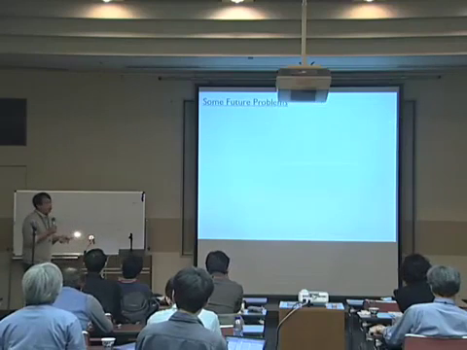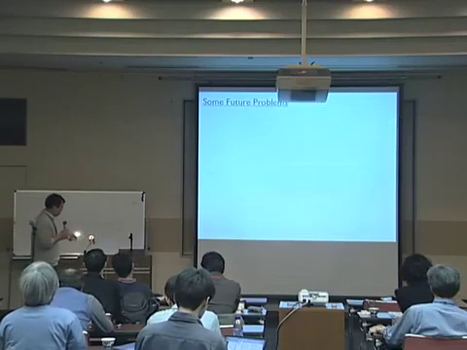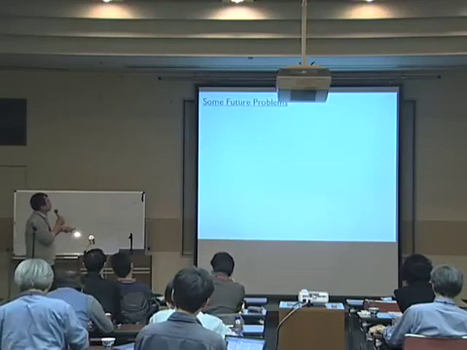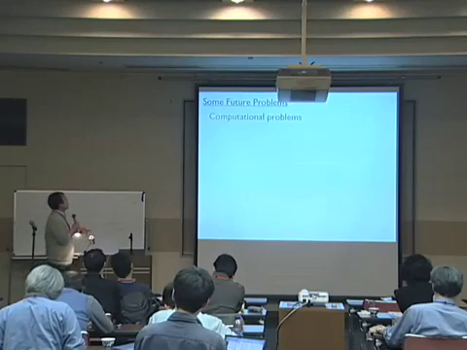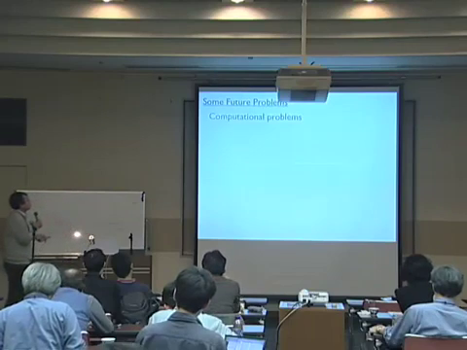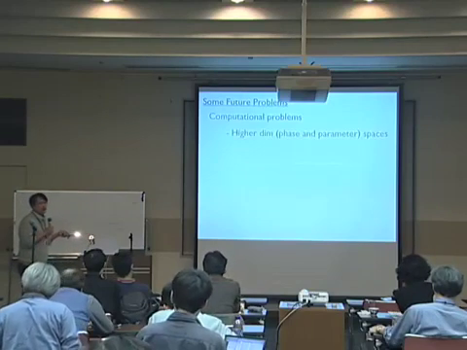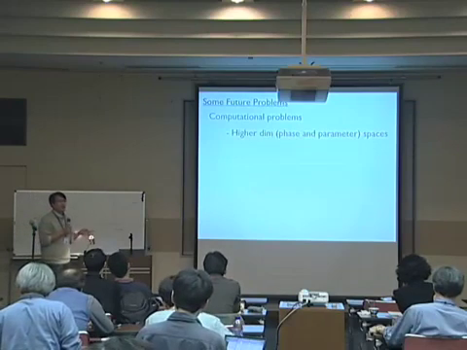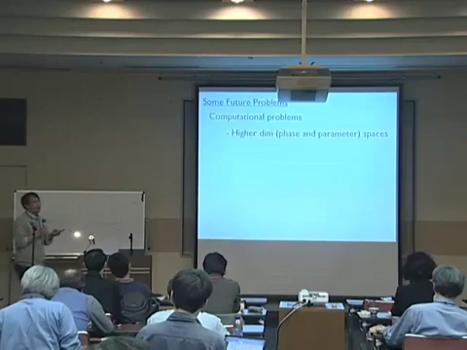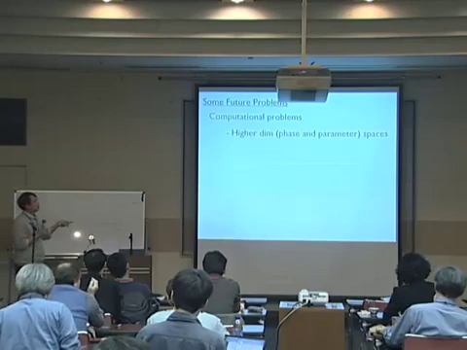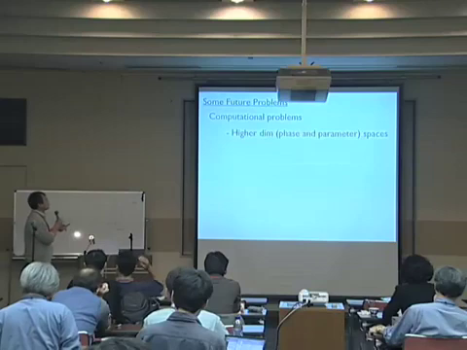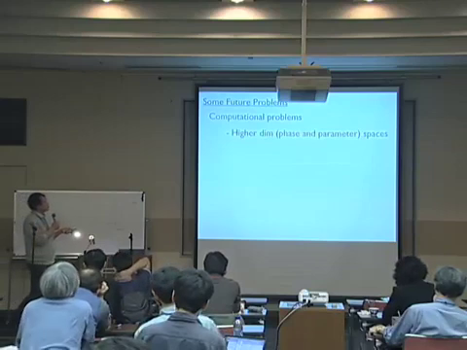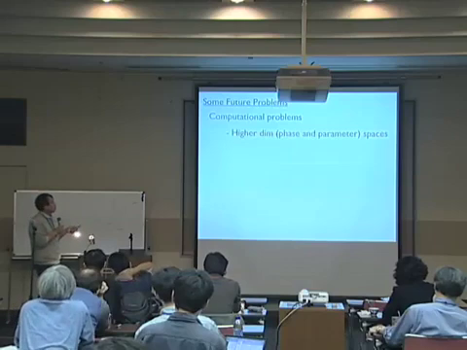Okay. So there are many problems remaining to be considered. For computation, we have tested only a two-dimensional map with a two-parameter space, which is very easy, and you can easily compare what actually happens and what we can see. So we have to look at higher dimensional problems, higher dimensional phase space, and higher dimensional parameter space.